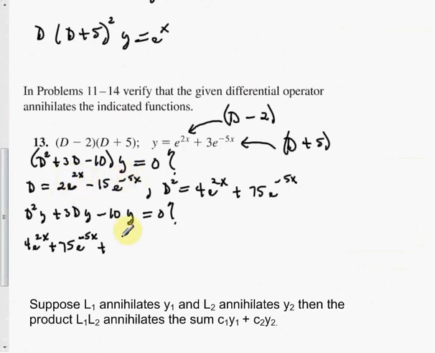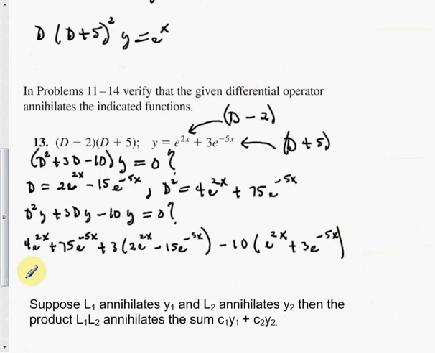So 3 times this information right here: 3 times 2 times e^(2x) minus 15 times e^(-5x), minus 10 times y, excuse me, times y, and y is e^(2x) plus 3 times e^(-5x).